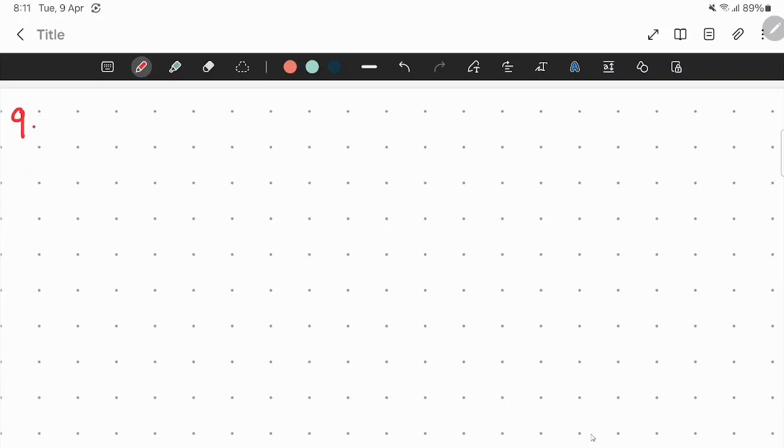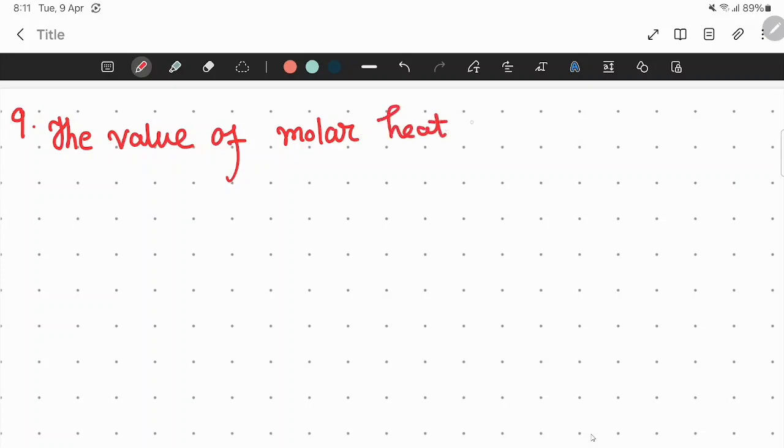Question number 9. The value of molar heat capacity at constant volume will be.